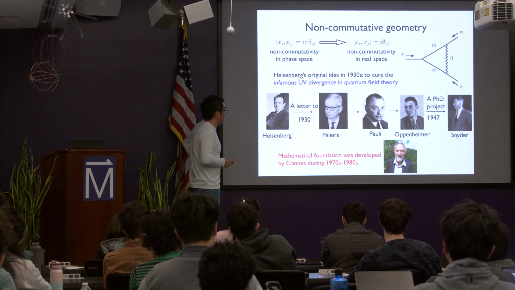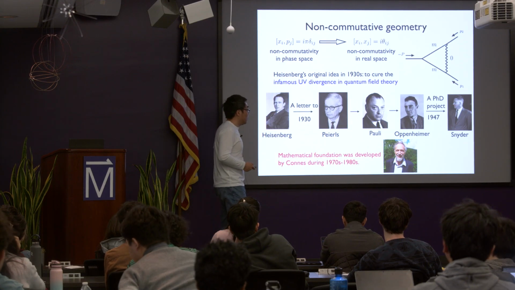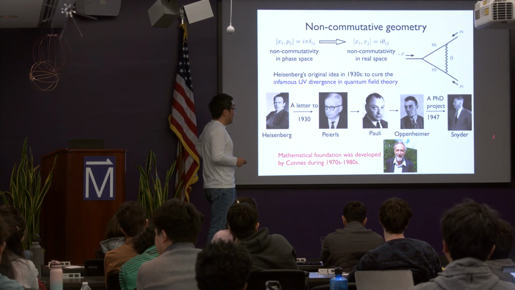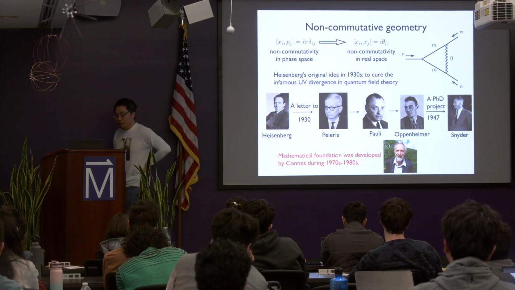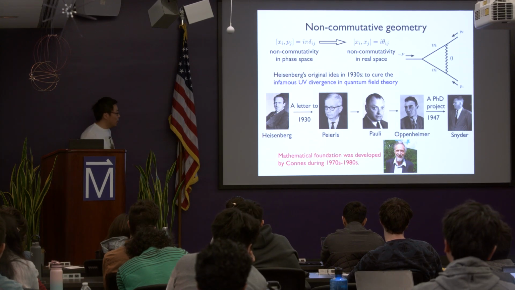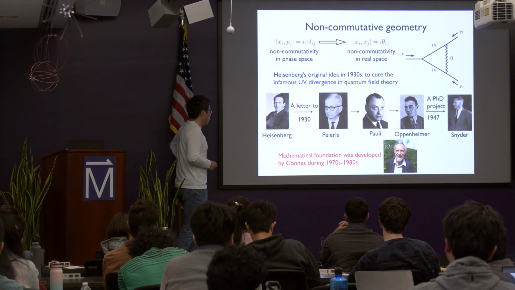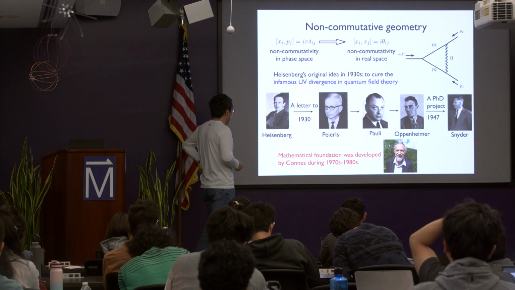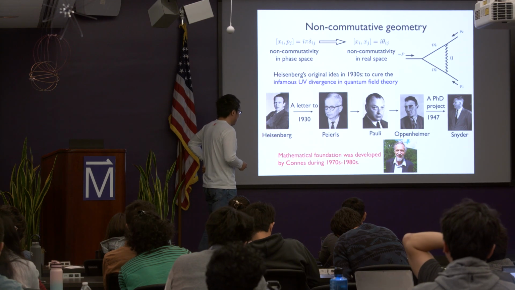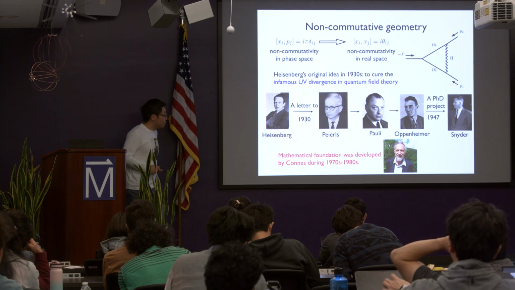And this idea gets propagated to Pauli, Oppenheimer, and finally it becomes a PhD project of Snyder, and he wrote the very first paper on this, using non-commutative geometry to regularize QFT. And many years later, mathematicians formalized the idea of non-commutative geometry, by Alain Connes, and he also got a Fields Medal for this contribution.